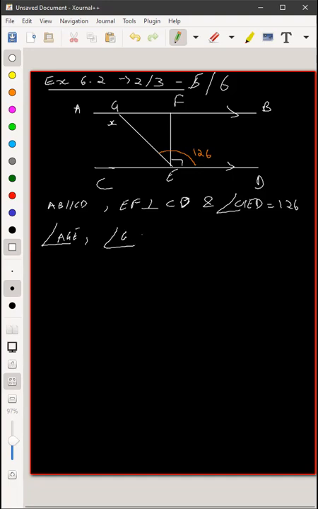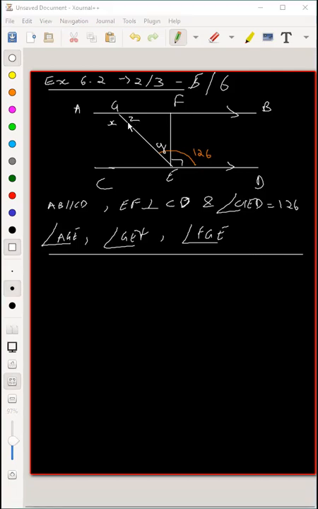Angle GEF, let's name this Y, and angle FGE, let's name this Z. Tell me, let's start with X. Sir, they form a Z shape.